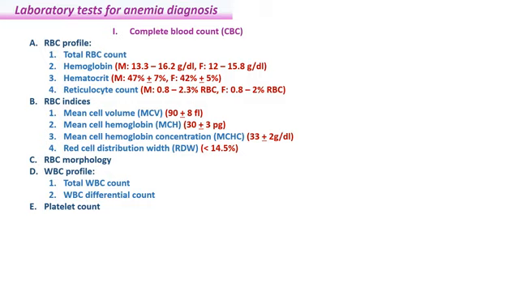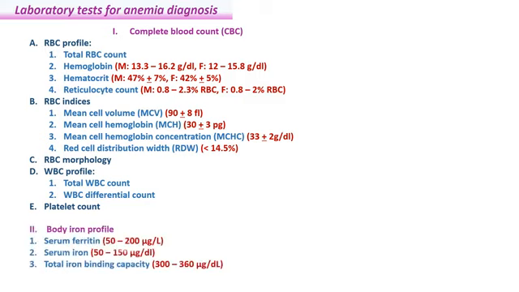Under the RBC index: mean corpuscular volume, mean corpuscular hemoglobin, mean corpuscular hemoglobin concentration, red cell distribution width, along with RBC morphology and WBC profile. Under the WBC profile: WBC count, WBC differential count, and platelet count.